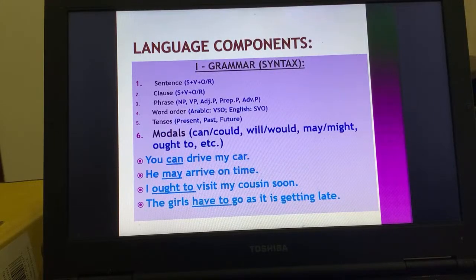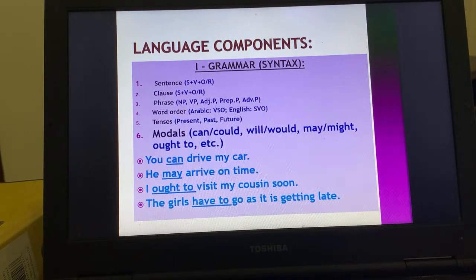The girls have to go as it's getting late. اضطرت البنات لأن يذهبن باعتبار أن الوقت قد تأخر. ممكن نقول بما أن الوقت تأخر فقد اضطرت البنات إلى الرحيل.